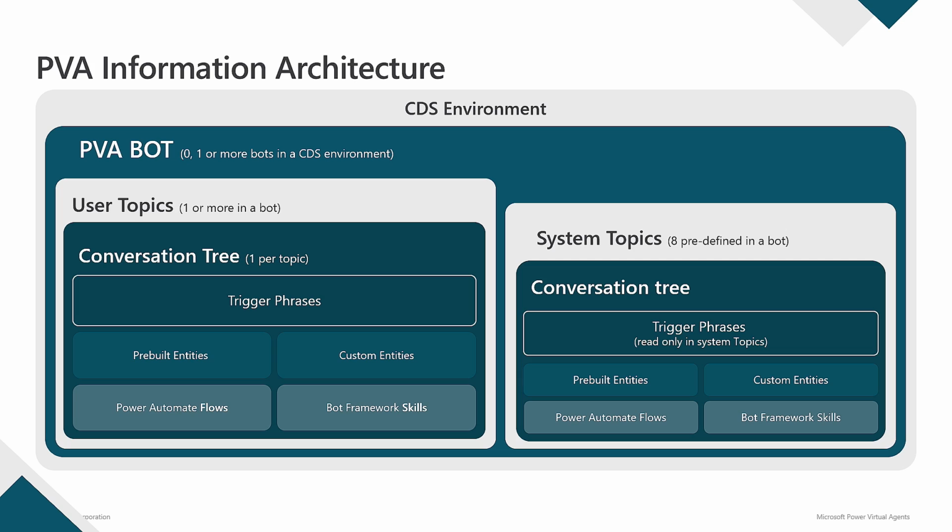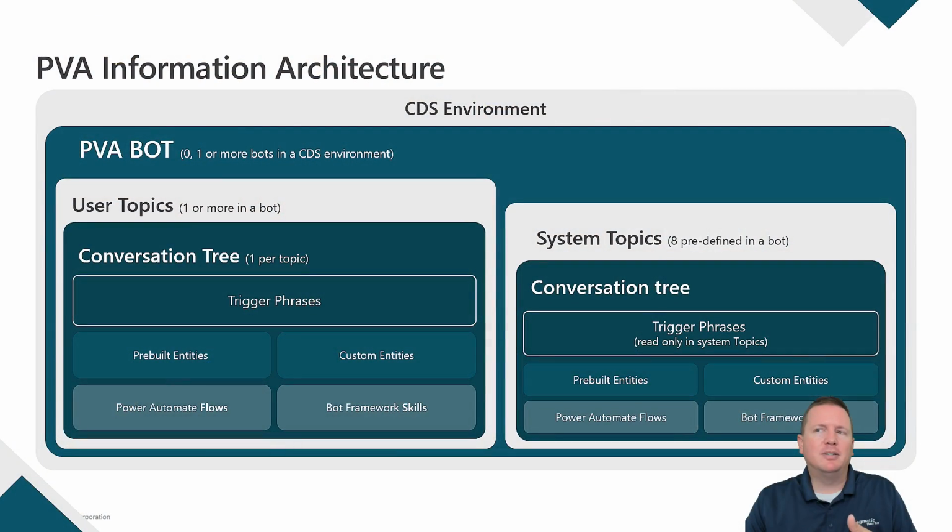When you first create a bot, there are several user-defined topics that are created for you, and also several system topics. As we get into it in a few moments, you're going to see there are several template conversations, so you can learn how to do Power Virtual Agents just by beginning to create a bot yourself.